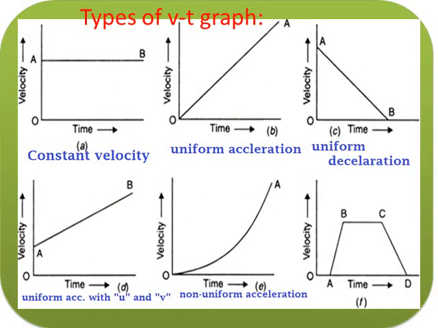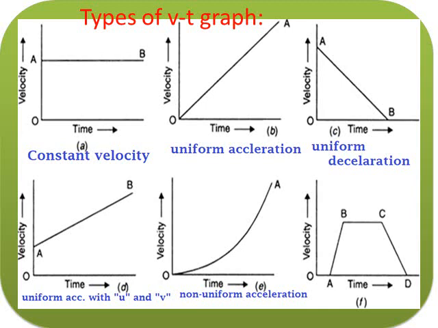Now we will pass on to the next type of graph, which is velocity time graph. So you have numerous examples of velocity time graph in this slide. Each and every one has a unique type of motion, and let us study in detail for each of this.